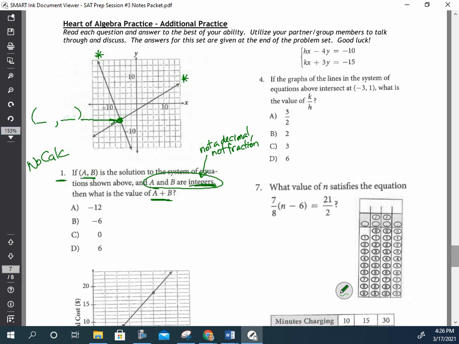Notice that it's counting by twos: 2, 4, 6, 8. That's how they got the 10. So when we're counting, just know that we're counting by twos. That's -2, -4, -6 and -2, -4, -6. So that point is (-6, -6). Any questions so far?